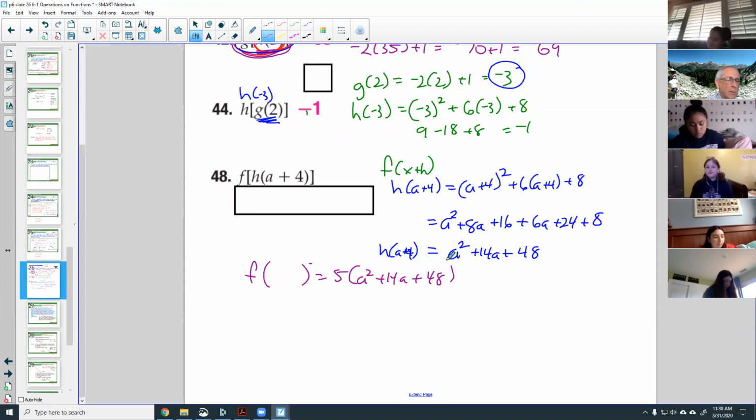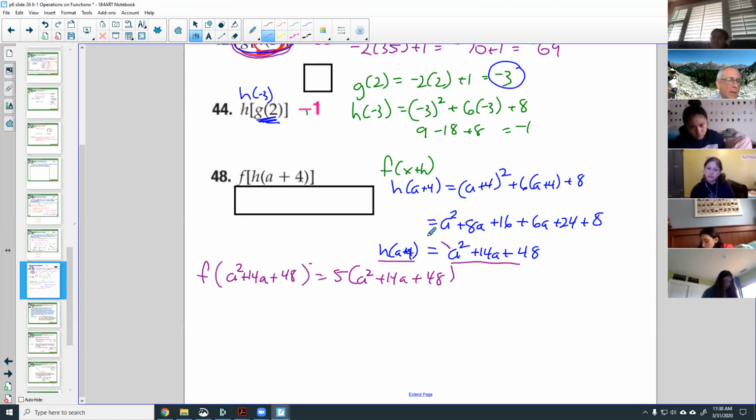Let me make this look a little bit nicer here. This is f of a squared plus 14a plus 48. h of a plus 4 is that.